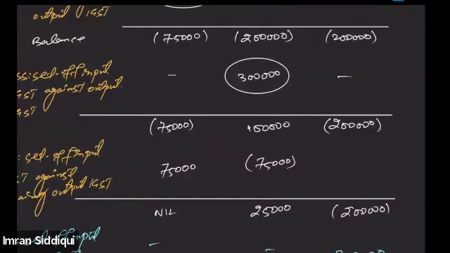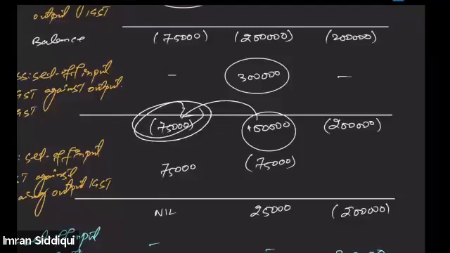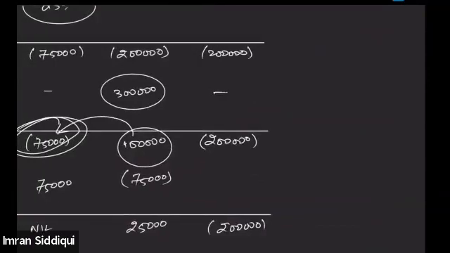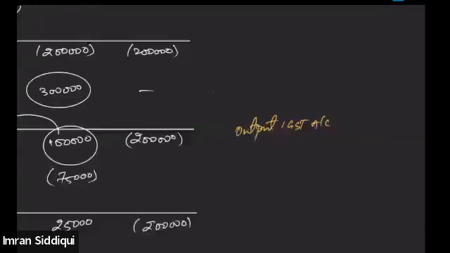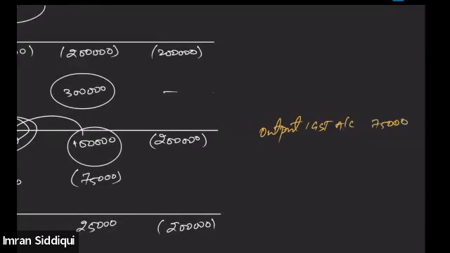And the balancing figure that we were not able to set off with the output CGST, we will try to set off this amount with the IGST, but we only have 75,000 balance available under the output IGST account. So the entry for this will be output IGST account has been utilized to the extent of 75,000, debited to input CGST account 75,000.